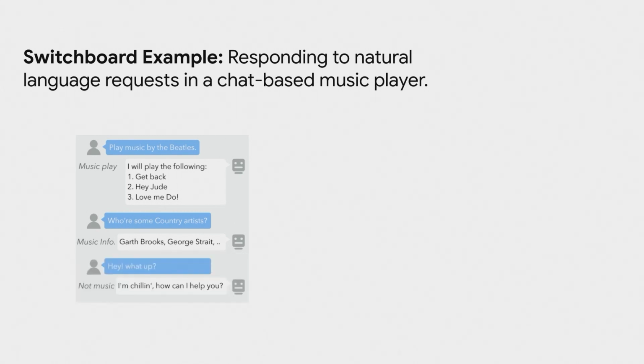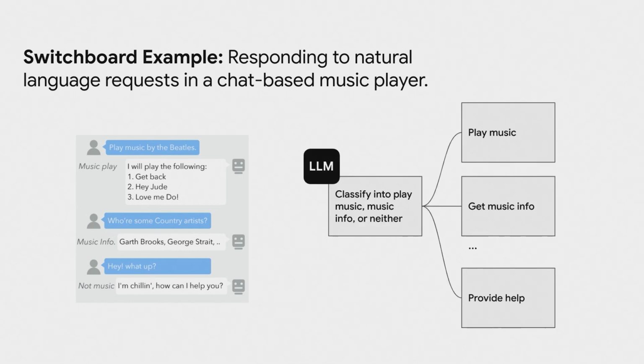But the user may also ask things like, hey, what's up, that aren't really related to the music application. For this type of application, we can first figure out what the user is trying to do, taking this idea of chains, classifying their intent into one of these categories. Are they asking to play music? Are they asking for more information? Or are they asking for something out of scope of the application?